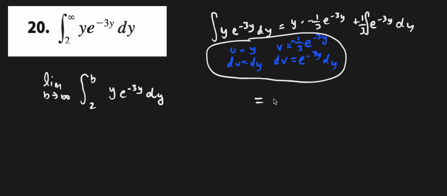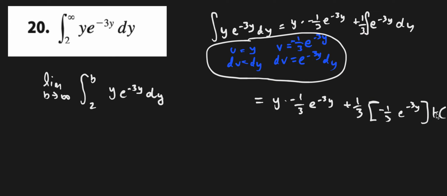This is y times negative 1/3 e to the negative 3y, plus 1/3 times negative 1/3 e to the negative 3y plus c.